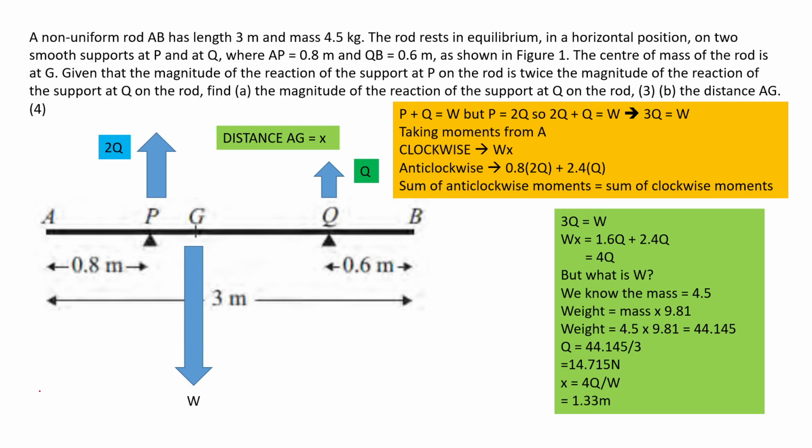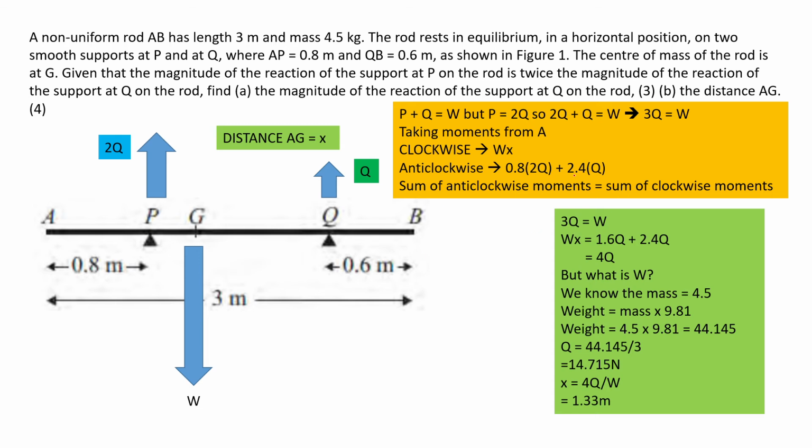Right, so the clockwise moment is equal to the weight times the distance of A to G. That's the clockwise moments. And can you see that you've got two forces that are going to go anti-clockwise? So you have 0.8 times 2Q, and you add 2.4. Why is it 2.4? Because it's 3 minus 0.6.